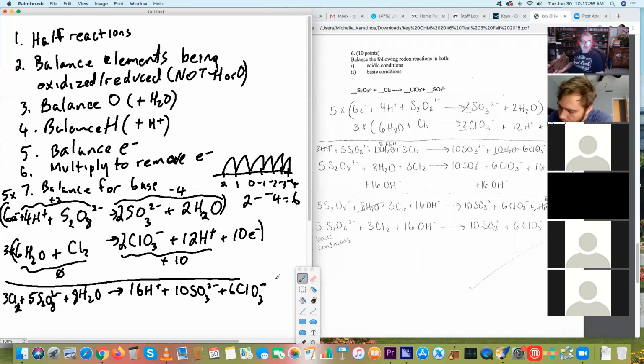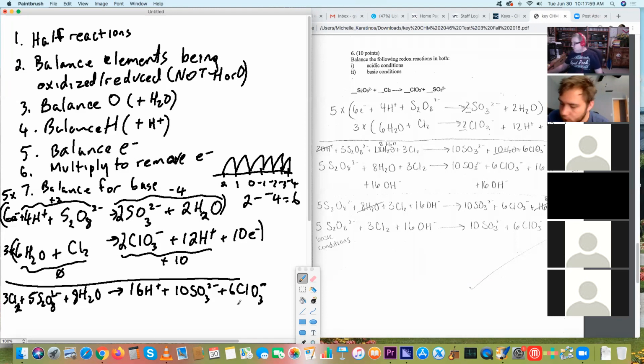Oxygens, we've got 5 times 8 is 40, plus 8 is 48, which includes the oxygens from the water. On the other side, we've got 10 times 3 is 30, 6 times 3 is 18, 30 plus 18 is 48. So the oxygens are okay.